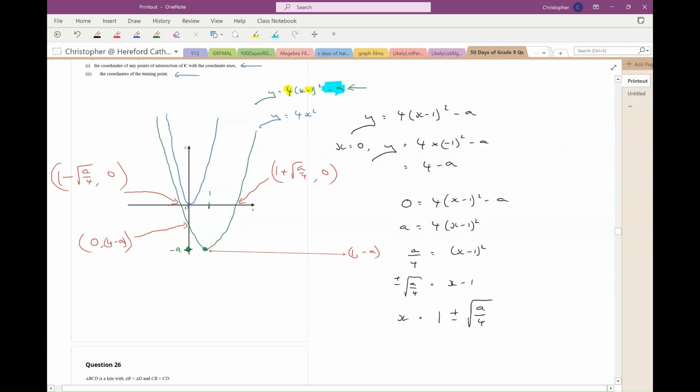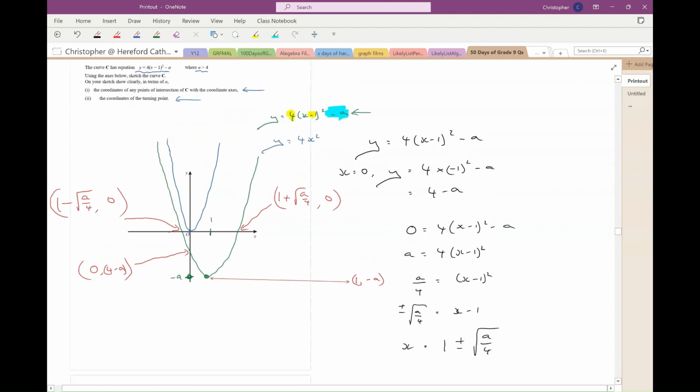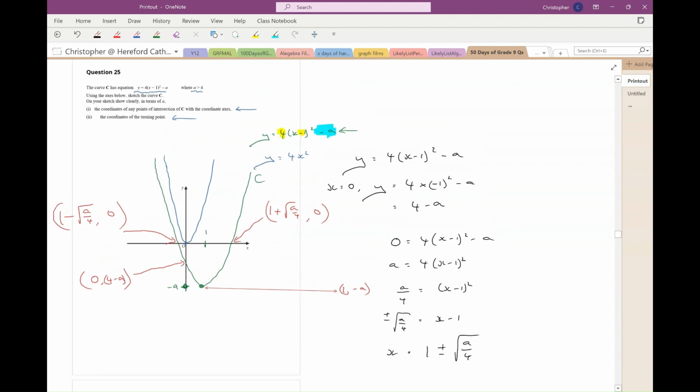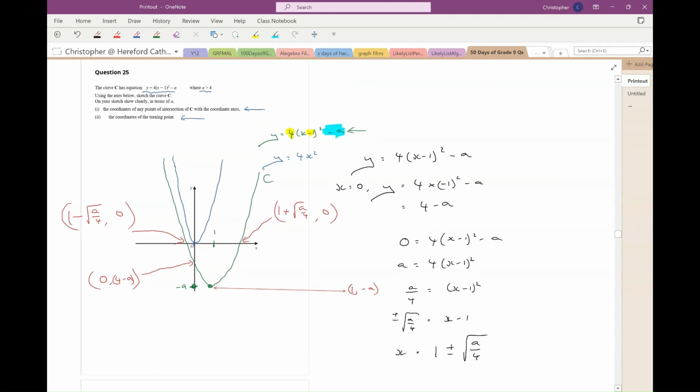And that is, I think, my complete solution. Let's have a look. Sketch the curve C, I suppose I could label it, showing the coordinates of any points of intersection with the coordinate axes, done that, and showing the coordinates of the turning point, done that. That's question 25, complete.